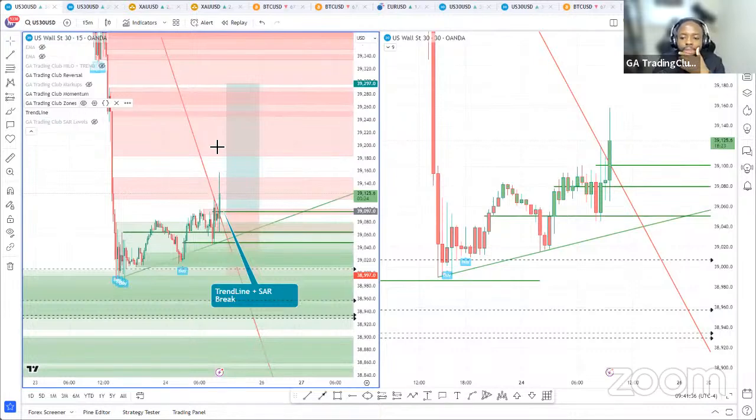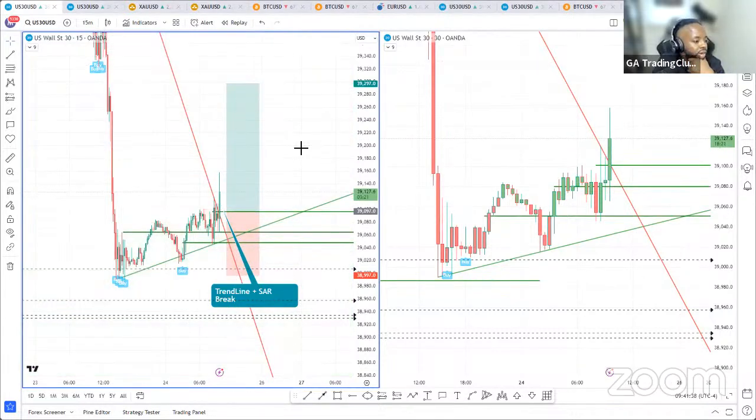Also, I want to see what SAR levels we have here. If I remember correctly, on US 30 we do have a 4-hour buy here. It's an hourly buy.